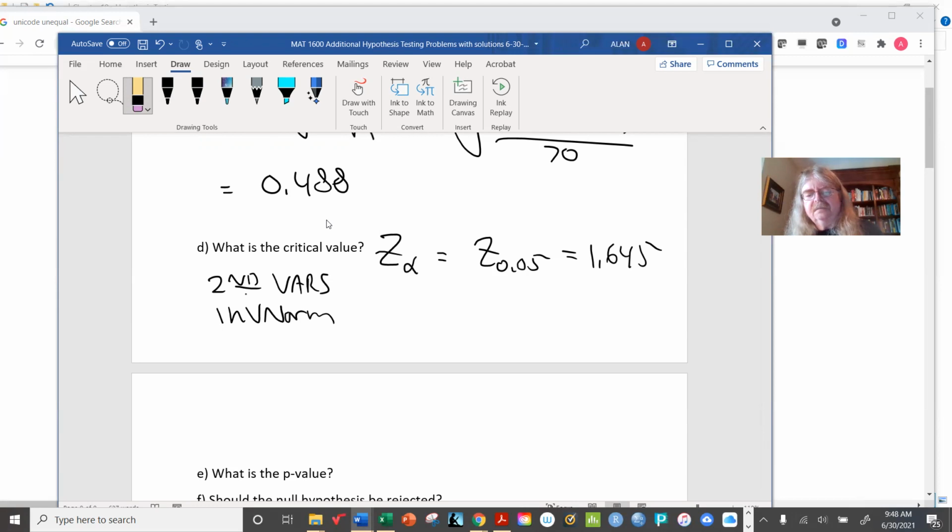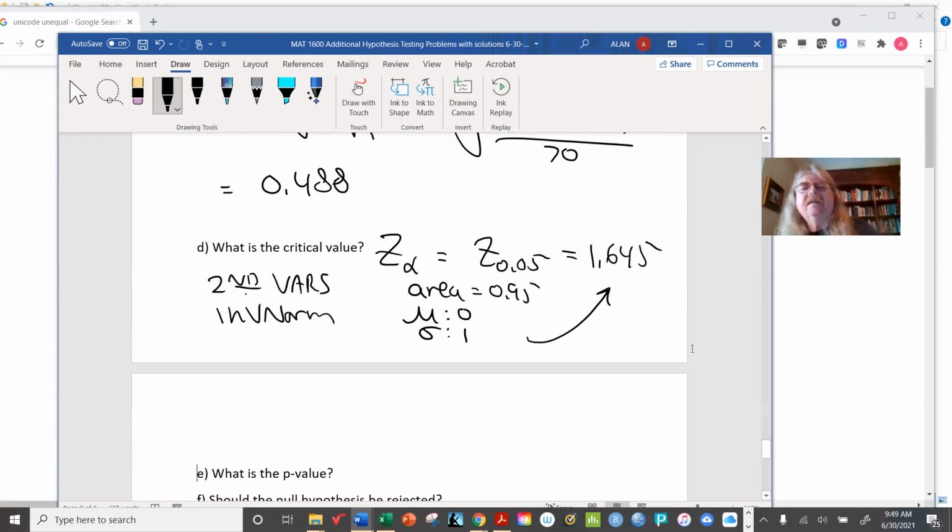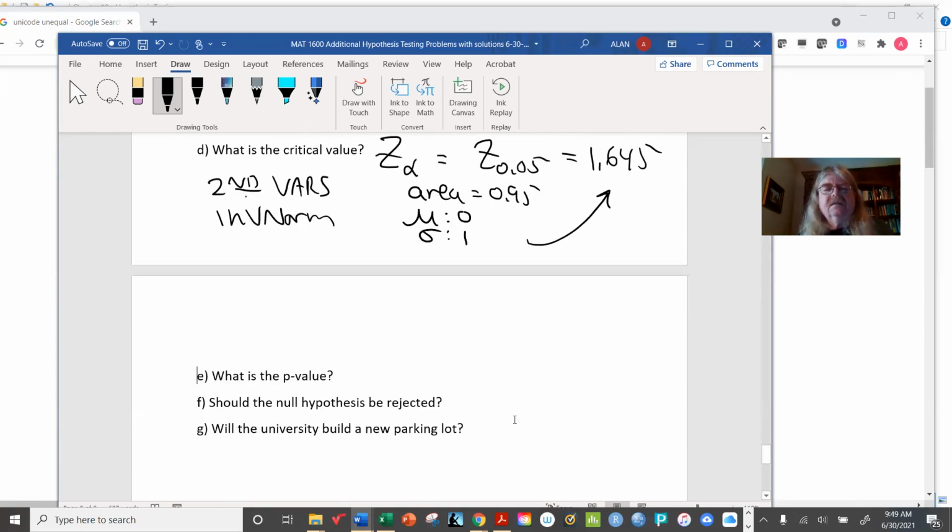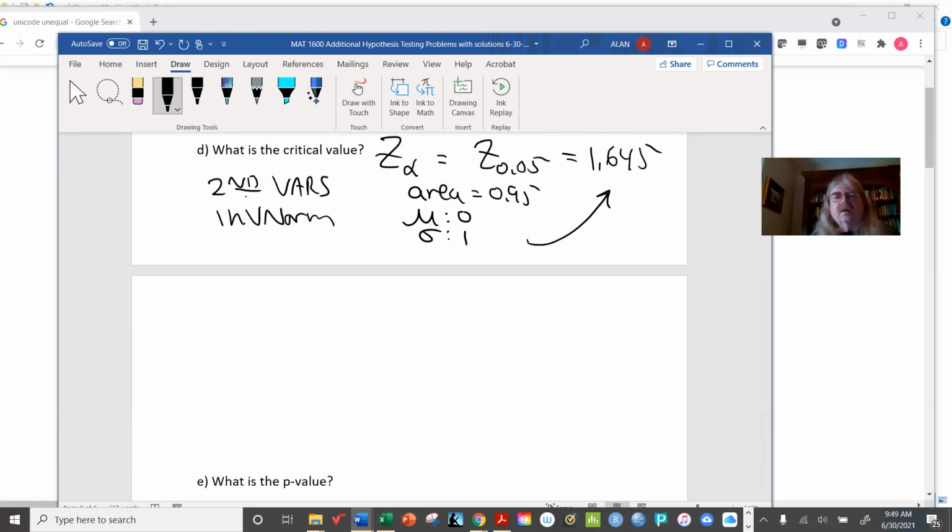And when you get there, just tell it that the area is 0.95, everything below that point. It will automatically assume that you mean mean 0, standard deviation 1, which is correct. And that gives us this value. So that's your critical value, and the test statistic, as you can see, is nowhere near that.